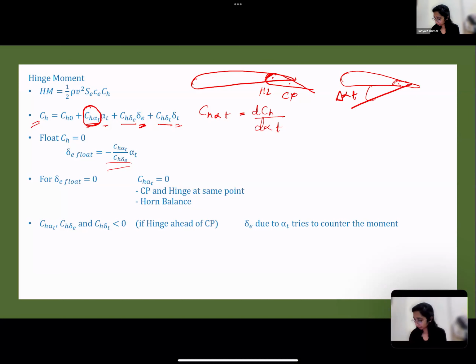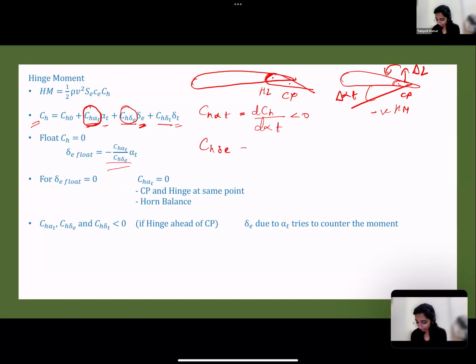Increase in lift, exactly. So you will have one delta L here at the CP. And when this delta L acts about the hinge line, you have a pitch down moment, right? So this is pitch down, which is why you have a negative hinge moment, which is why this quantity is negative. You're right.